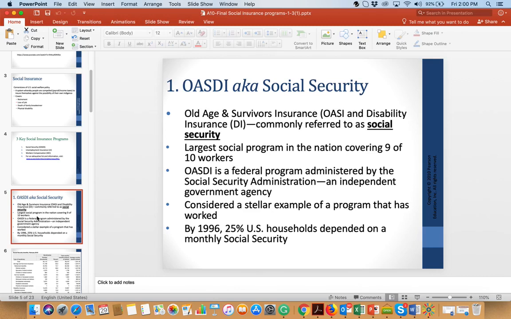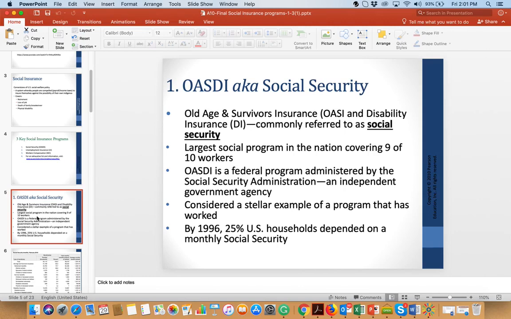It is considered a stellar example of a program that has worked. It is efficient, it's effective, it's loved. Americans like it. In fact, someone once said that Social Security is the third rail of politics. What that means is that if you are a politician touching Social Security, you may lose your job. They may vote you out of office because it's very popular.